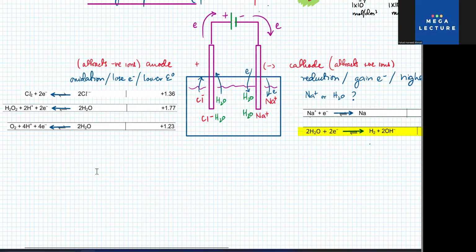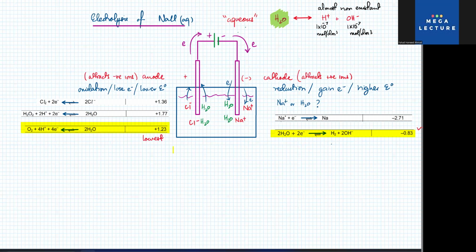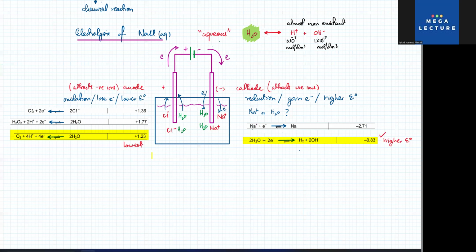So who wants to lose electrons? The one that's got the lowest E naught. And in this case, the lowest E naught is 1.23. So that means it's got the highest tendency to actually lose electrons. So we figured out who gains electrons and who loses electrons. Is this all clear?